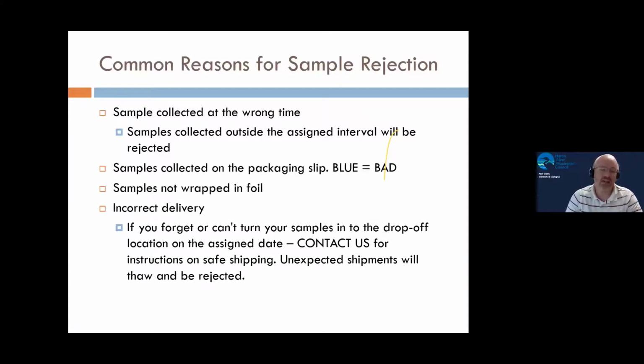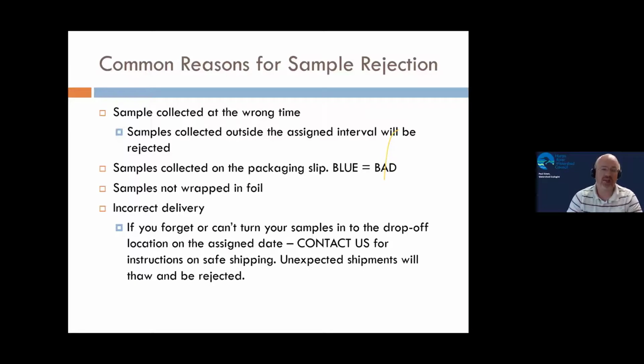You need your samples wrapped up in foil. That's because we're keeping them dark. We don't want any chlorophyll growth after the filtering and the sampling. So things are wrapped up in foil to keep them nice and dark and away from sunlight, so that what you have on there is what was pulled out of your lake.